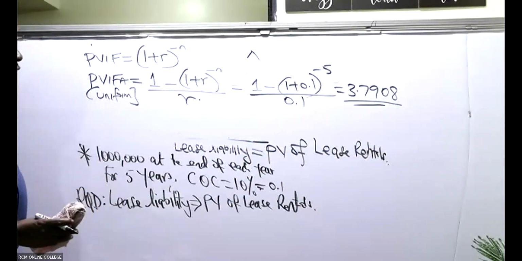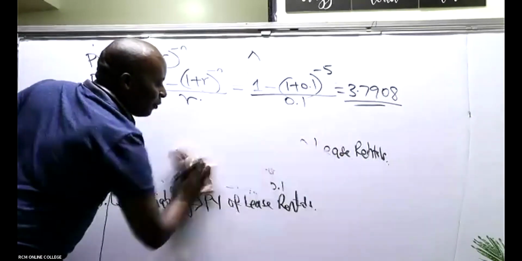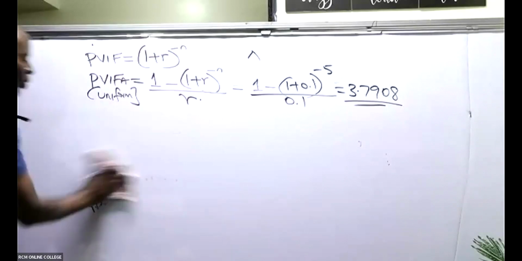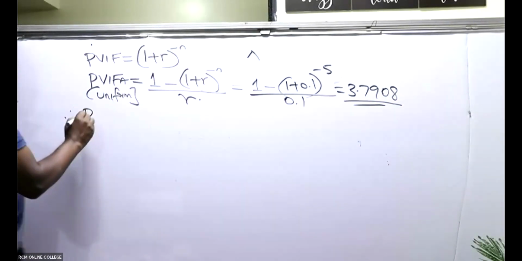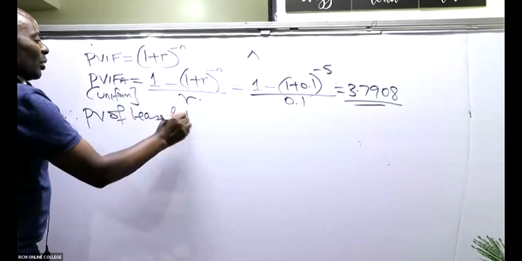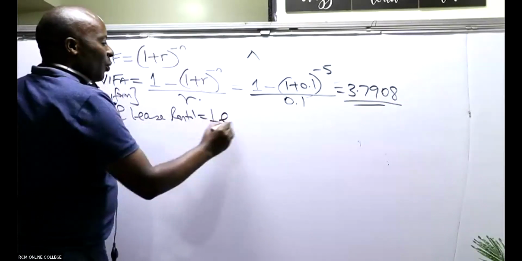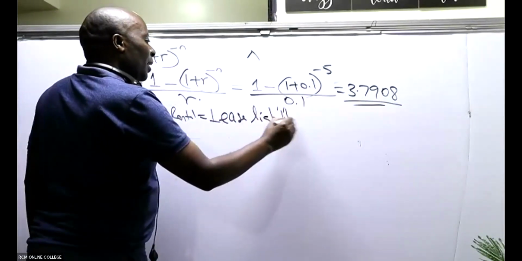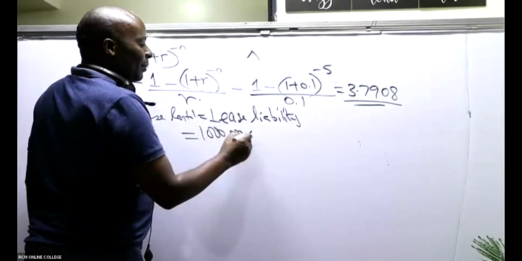And therefore, the present value of our lease rentals, which will be our lease liability, will be equal to the annuity of $1 million times PV.